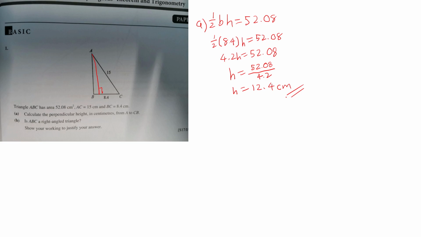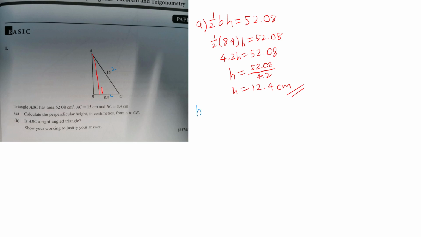Part B asks us whether ABC is a right angle triangle, and we are supposed to show and justify our answer. So let me just bring it over here and change the color. Now, for it to be a right angle triangle, we need to apply Pythagoras theorem. We need to see whether the square root of 15 squared minus 8.4 squared will give us 12.4.